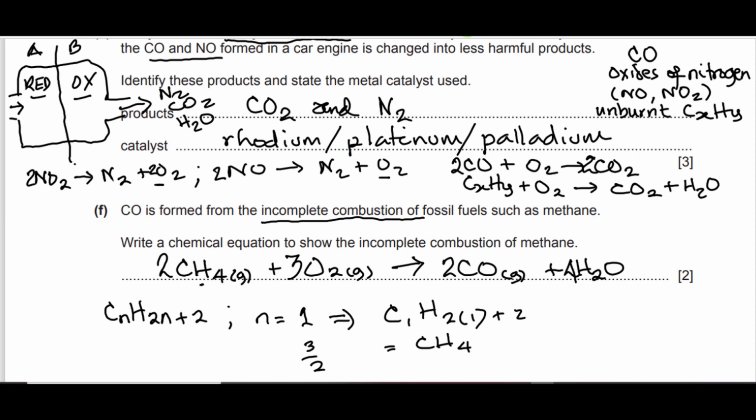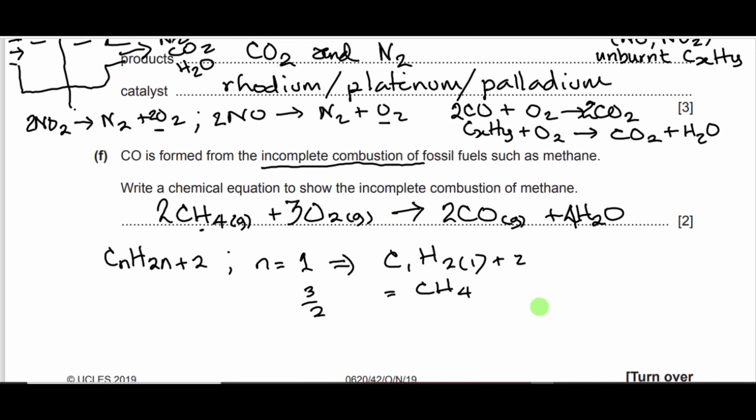So is our equation balanced? Let's confirm. Carbon here is 2 times 1, 2; carbon here 2 times 1, 2. Hydrogen here 2 times 4, 8; hydrogen here 4 times 2, 8. Oxygen here 3 times 2, 6; oxygen here 2 times 1, 2, plus 4 times 1, 4, making 6. So everything is balanced. Correct.